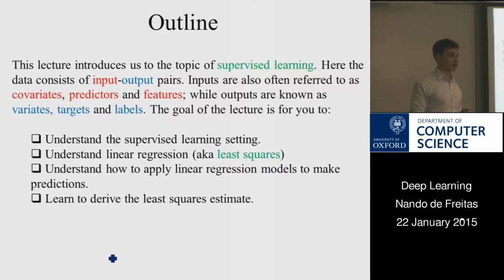We often call them features, or we call other things features as well, but think of the inputs as often called features. The outputs are variates, things that vary depending on the input. They're called targets. You're trying to learn some target class, or they're known as labels. And I'm sure there's many other words by which these get referred to. But I will probably use these terms interchangeably. Inputs, outputs.